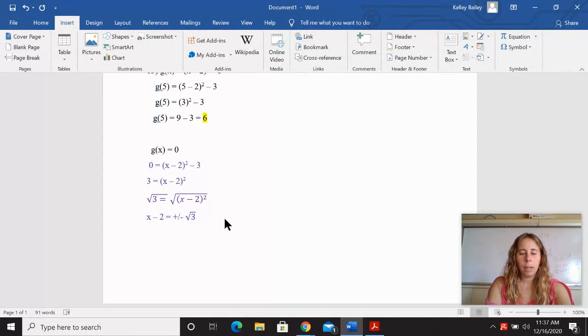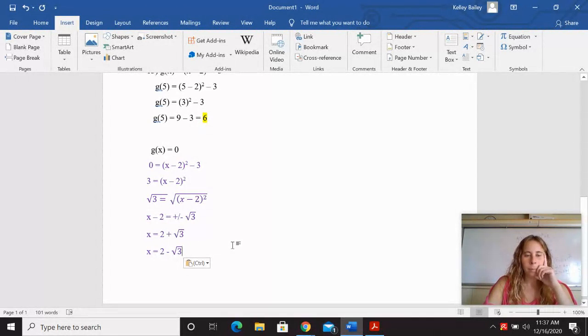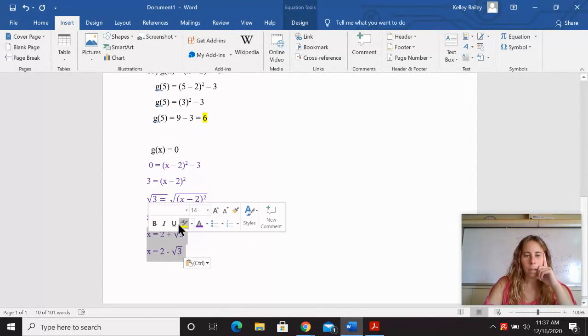So x equals 2 plus the square root of 3, and x equals 2 minus the square root of 3. So those would be your 2 answers. Ta-da.